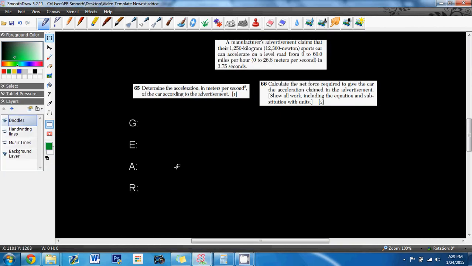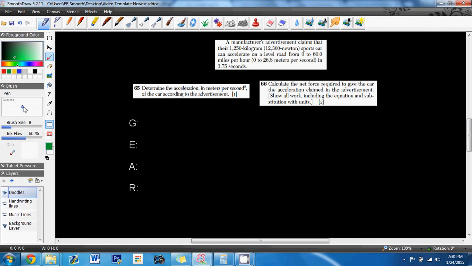Alright, so the given. We are given the change in velocity, because the unit of velocity is meters per second. We have our velocity right here. The change in velocity will be 26.8 meters per second because it changed from 0 to 26.8.